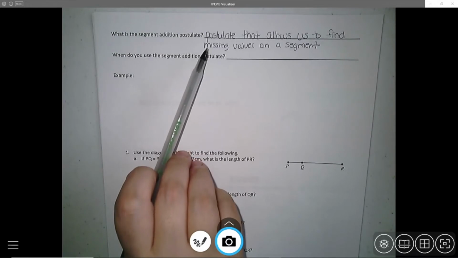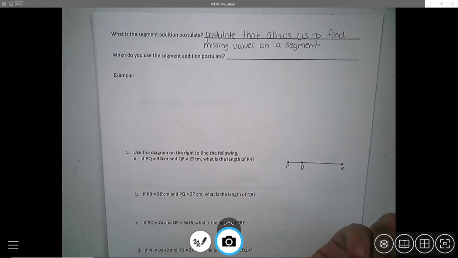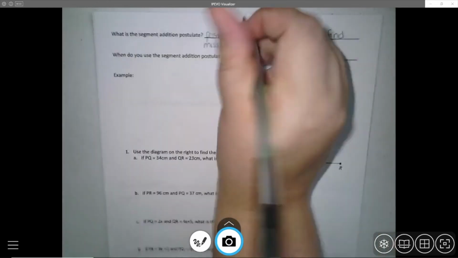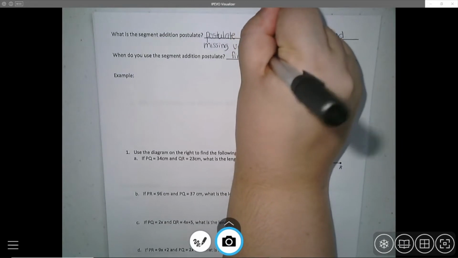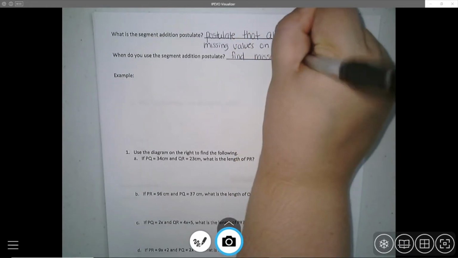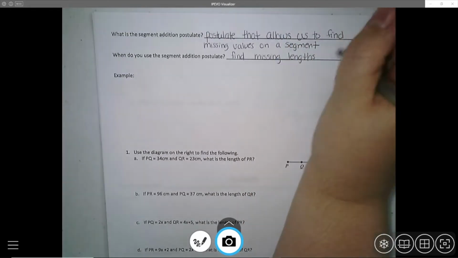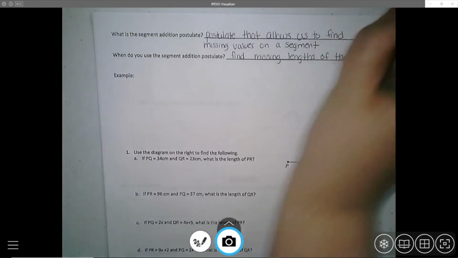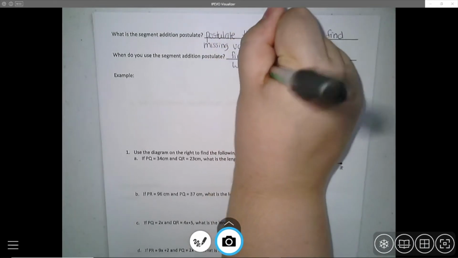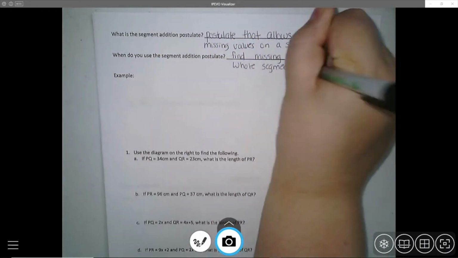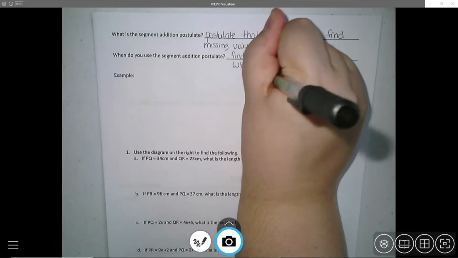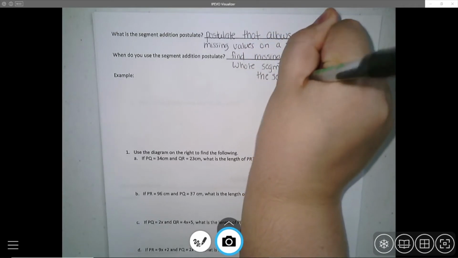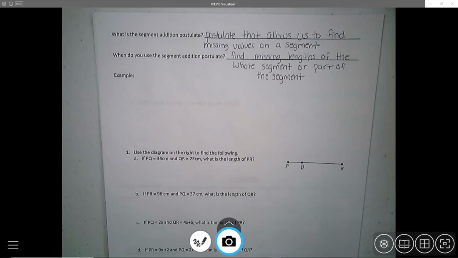We use it when we are missing values on a segment, and particularly we use it when we want to find missing lengths of the whole segment or part of the segment. So now we get down here to an example.